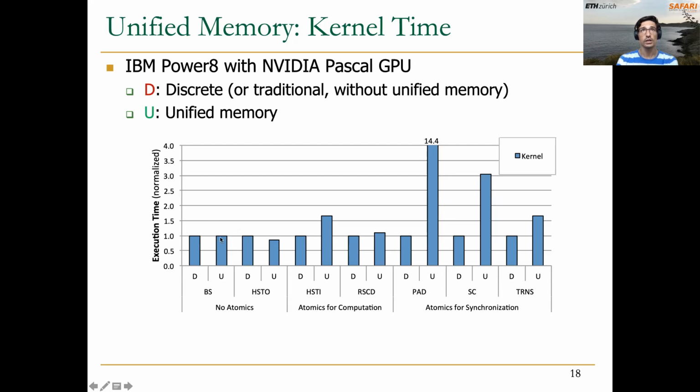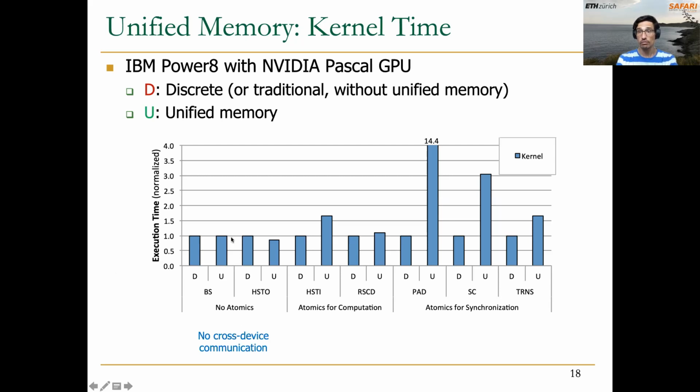Here you can see, on an NVIDIA Pascal GPU, a comparison of these benchmarks for the discrete version, let's say using the traditional accelerator model, and the unified memory version that takes advantage of the unified virtual memory space.